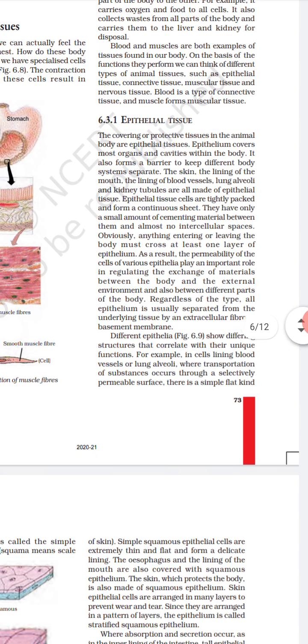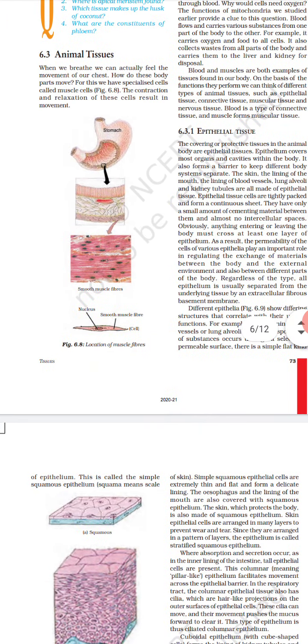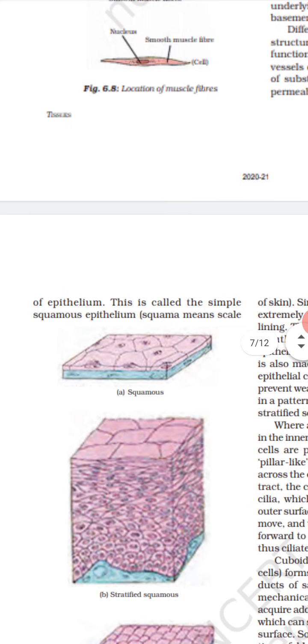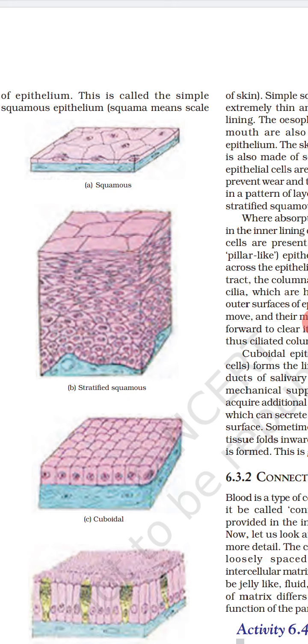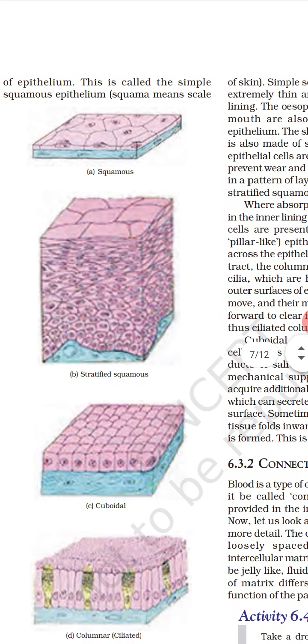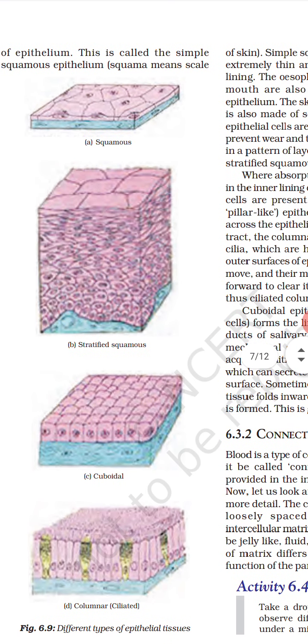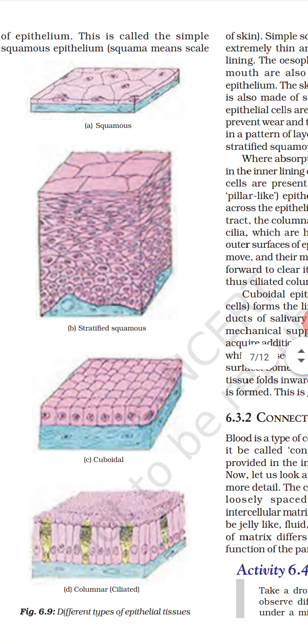As the name tells, squamous means the shape is somewhat like a square. Squamous epithelial tissue constitutes the skin which protects the body, and it is further divided into two different types: simple squamous epithelium and stratified squamous epithelium.